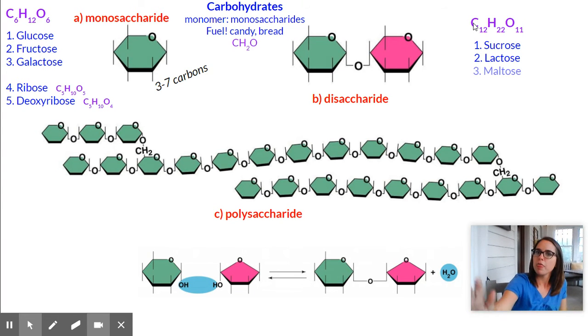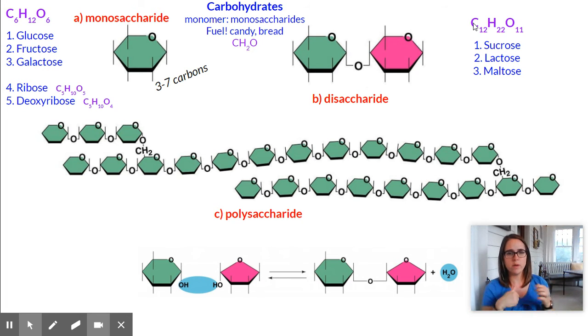But 3 classic disaccharides that you should be familiar with are sucrose, lactose, and maltose. Sucrose is table sugar, nice and sweet and tasty. Lactose is the sugar that is in milk, cow's milk, and it gives milk its sweet taste. And then maltose is another sugar that's in some food products that we eat. It's not as sweet as you would think of sucrose, though.